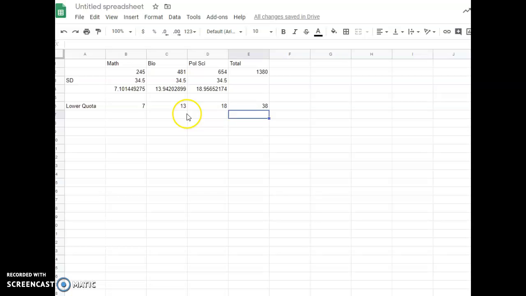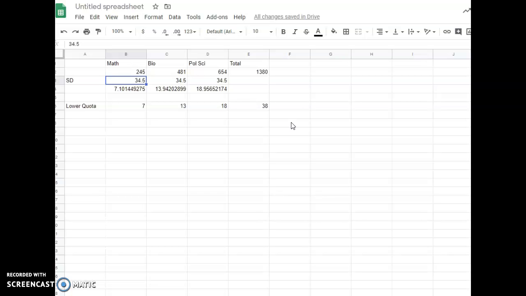Now this is where it's going to be helpful, and that's one reason I like to do my formulas. So right now we're at 38. We had how many seats again? We had 40. So what did we need to do to make my quotas go up?